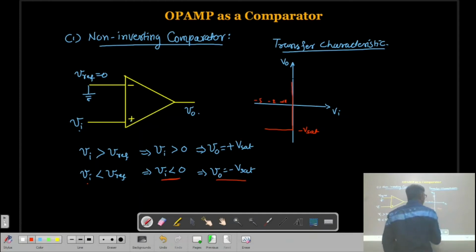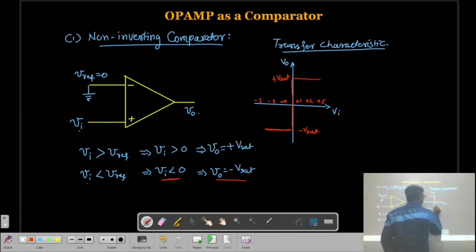And whenever the voltage is greater than the reference voltage, meaning my input voltage is positive, that is plus 1 volt, plus 2 volt, plus 5 volt, then for all these values the op-amp will be in saturation, that is V saturation. Correct? This is known as the transfer characteristics.